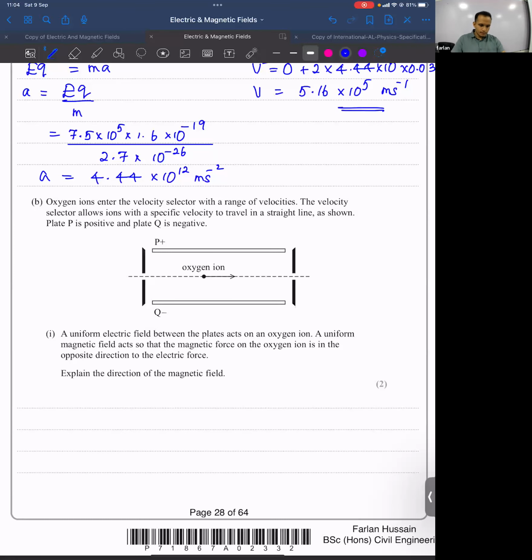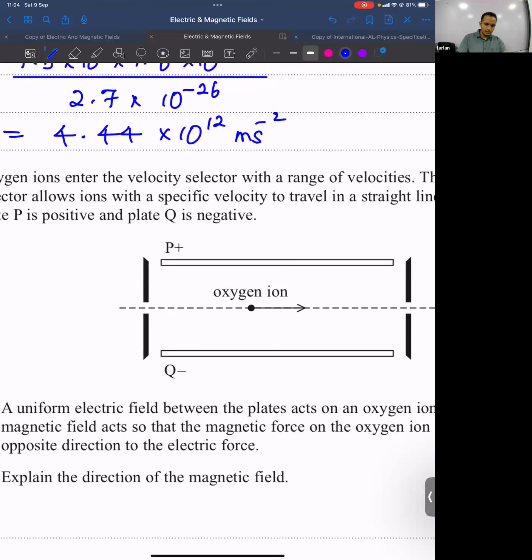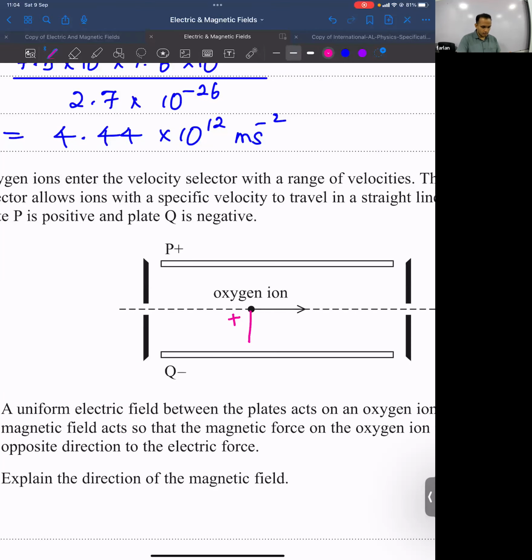Fine. Guys, now look at this one. Oxygen ion is positively charged. Listen to me, now stop your work. Oxygen ion is positively charged. So, the force on the oxygen ion due to the electric field is downwards. There is a force on the particle due to the electric field because it will get attracted towards the negative plate.